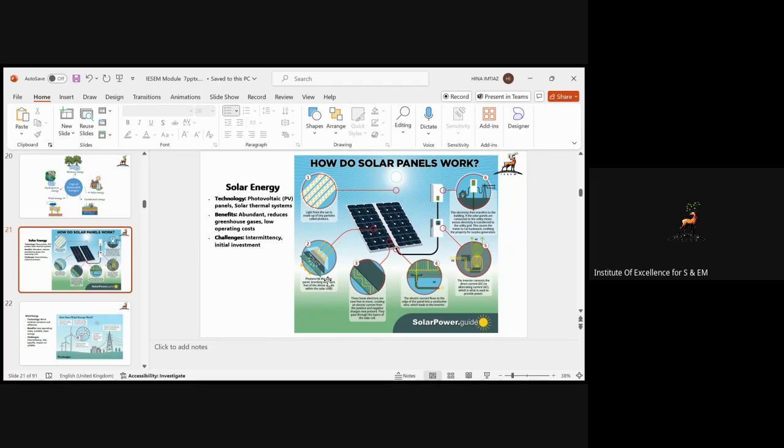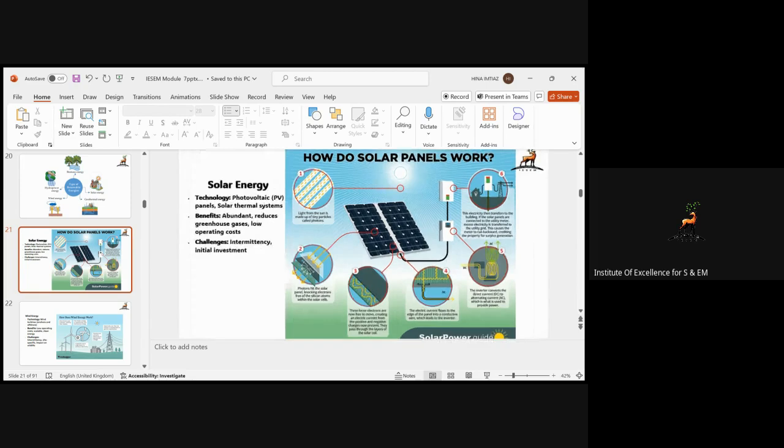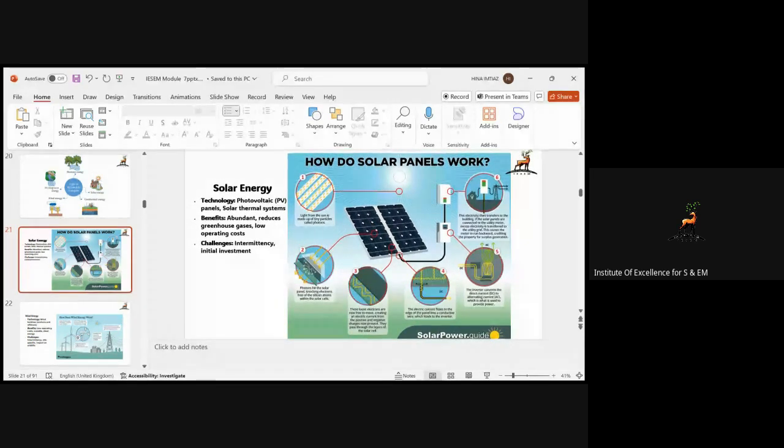So how do solar panels work? We are focusing on the working of these types of solar panels, because I'm assuming we have different environmental engineers, so they are more interested in the working process and the manufacturing process.